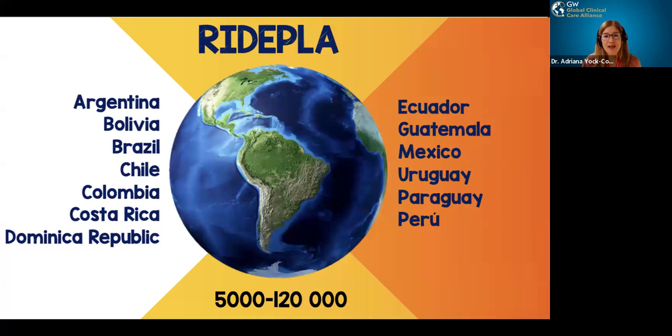All those site investigators work in hospitals with ED admissions from 5,000 to 120,000 per year. That gives us a possible pediatric population of almost 1 million children per year. That is an amazing accomplishment, to do research and to help us compare our population with big countries like the United States and Canada and other research networks.